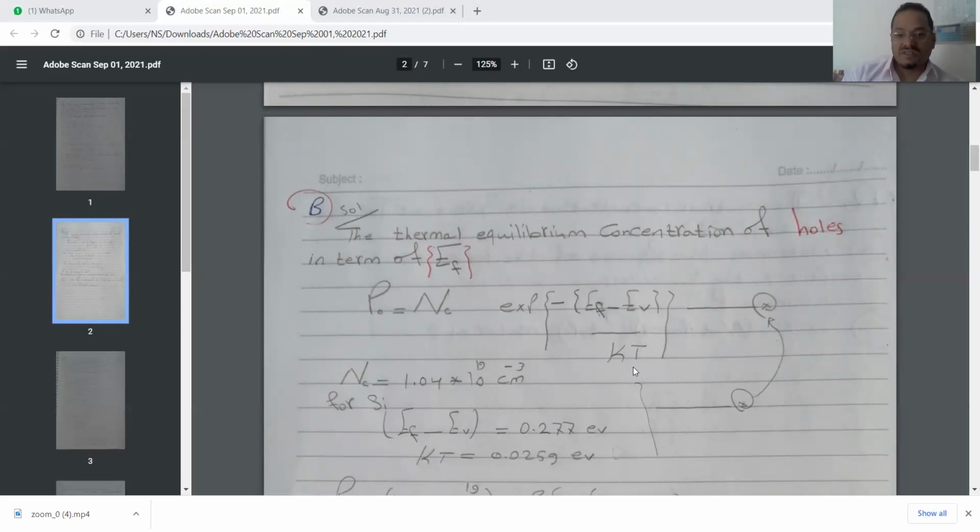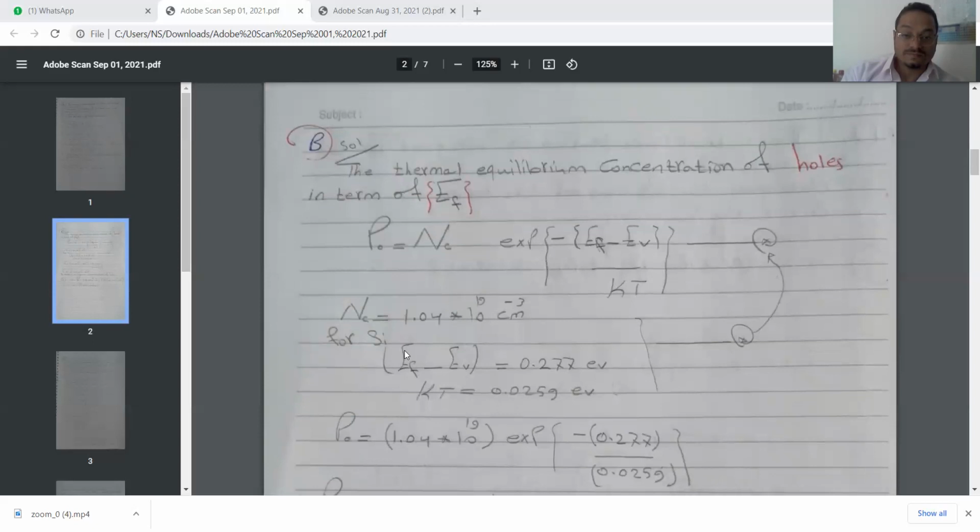If the temperature is different, we must calculate NC and NV ourselves. Now we have the effective density at the conduction band, and we know the value of the bracket KT.